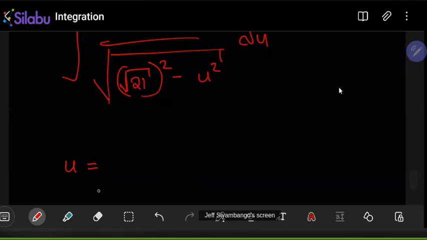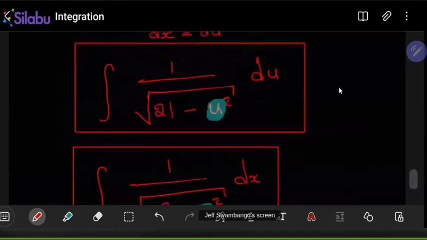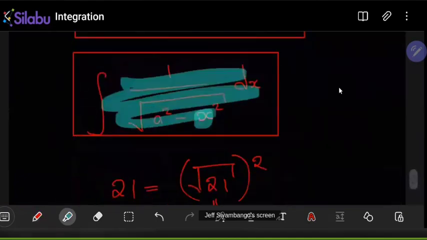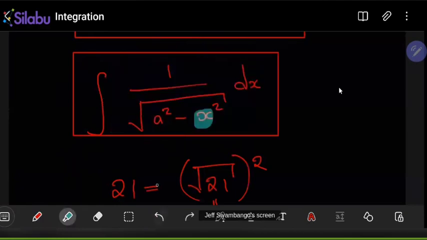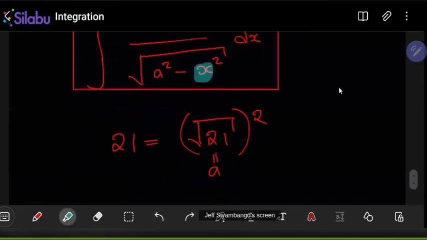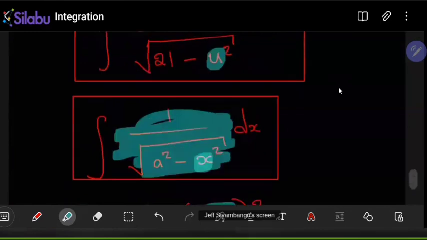By the way, I have to specify, you guys, you don't necessarily have to go through all the trouble of doing this. In most cases, what people would do is they will master how the standard one turns out, the one with a squared and x squared. And then they just identify what your a is, like here, how we identified that a is actually just root 21. And then they would use this in the integral for the standard one to predict what the integral for this one would be.